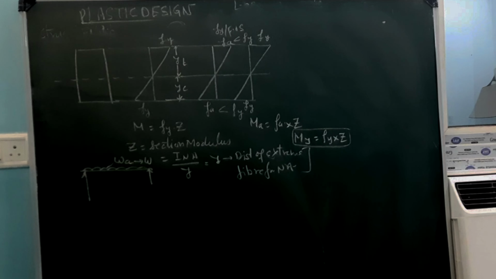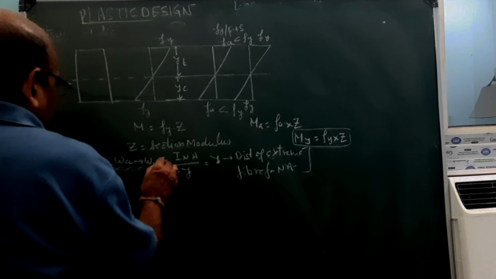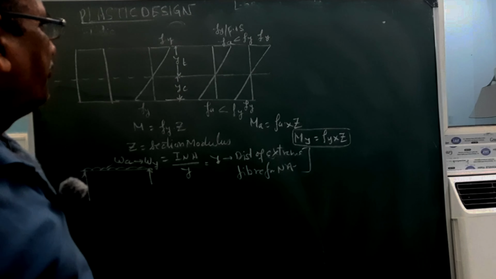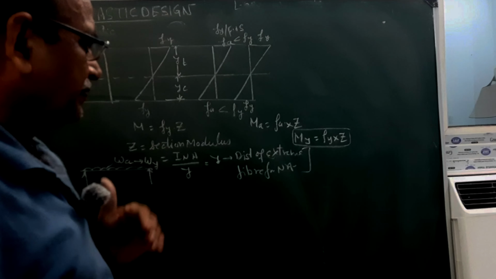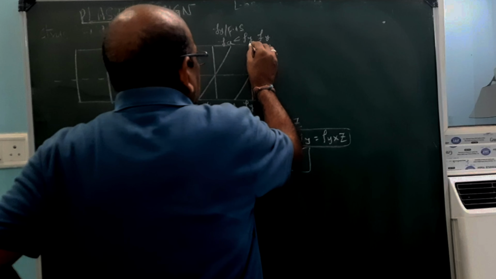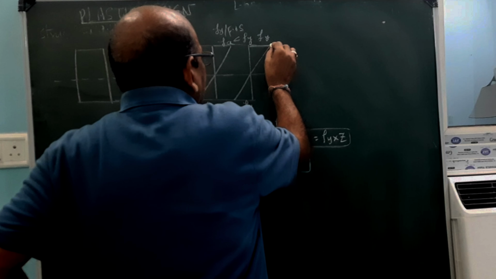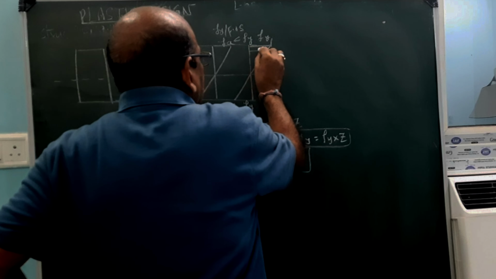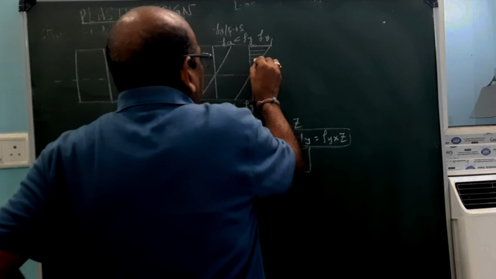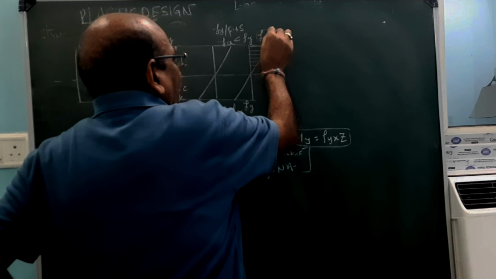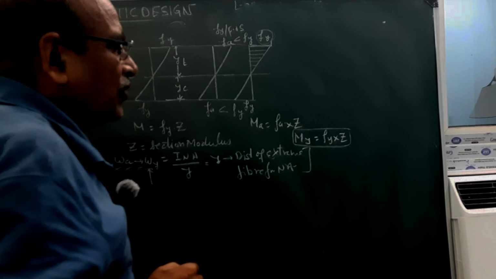If beyond this Wy we increase the load, what will happen? If you draw the diagram, you will find this is Fy, but the bottom layers are not being stressed. This top fiber is stressed. So what will happen?